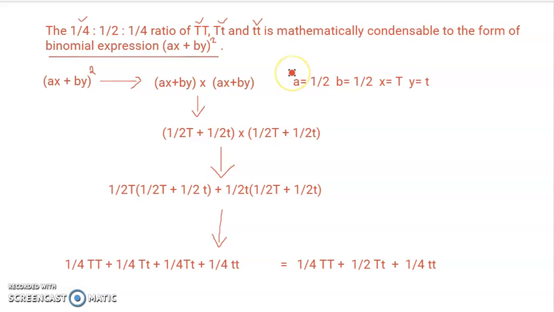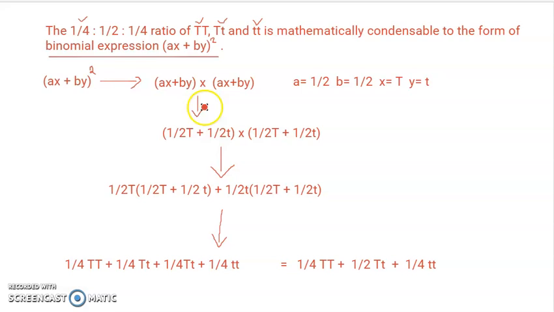So here we are taking the gametes bearing the genes capital T and small t in equal frequency, that is 1/2. To find out the expansion of this, we are taking half the frequency of capital T and small t.